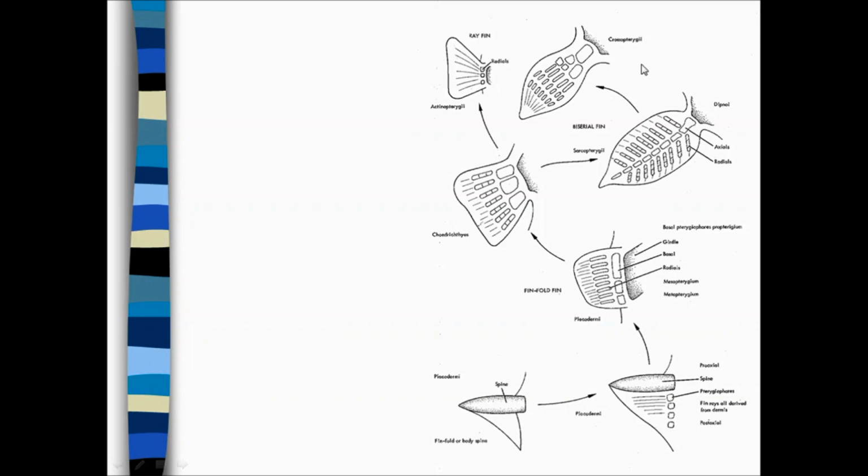And then in the crossopterygians, this sort of structure is reorganized, and you end up with a system that looks something like this. So you have one element here, and then multiple elements here. And then you get all of the fingers or all of the toes organized something like that.